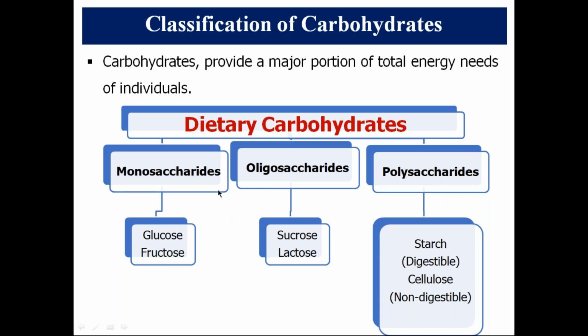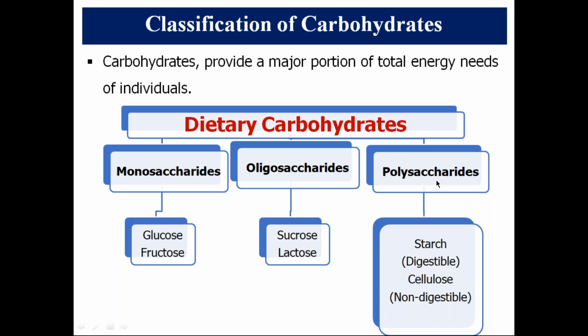Monosaccharides, normally we take in glucose or fructose. Fructose is present in fruits. Then the dietary oligosaccharides are basically the milk sugar, that is lactose, and the table sugar or cane sugar, which is sucrose, right?